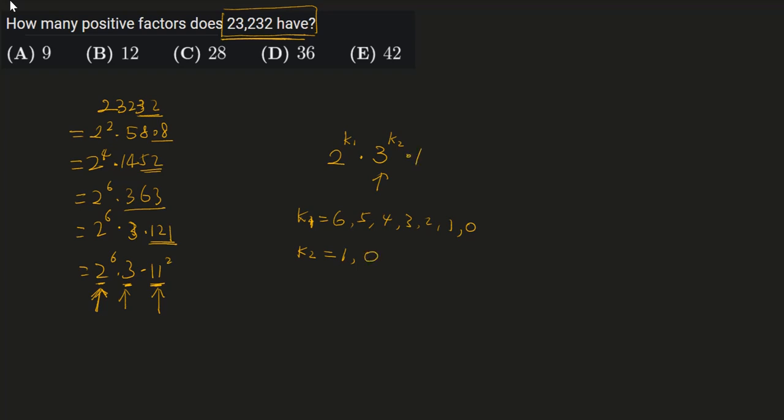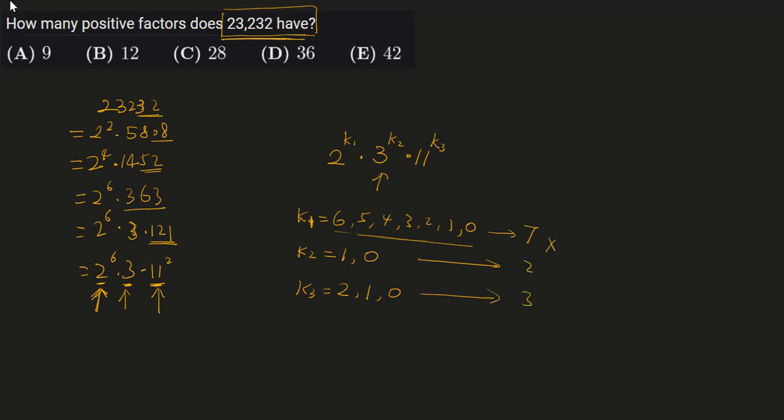And same thing for 11. Let's say that's k3. For k3, we can pick both of these 11 pieces, or we can just pick one of it, or none of it. Therefore, we have so many possible choices. That's 7, that's 2, that's 3.